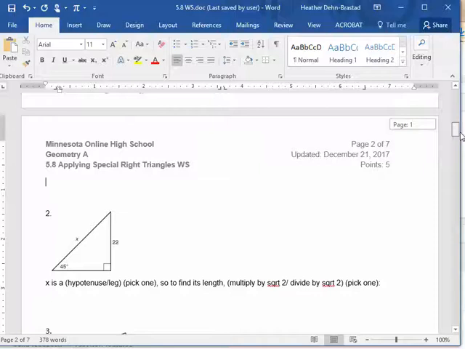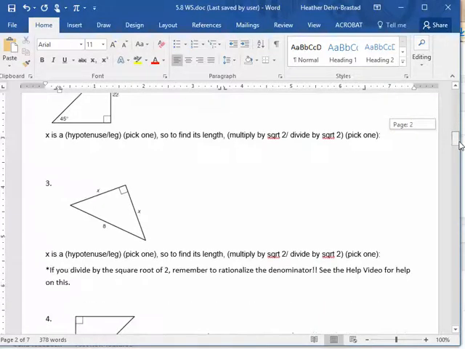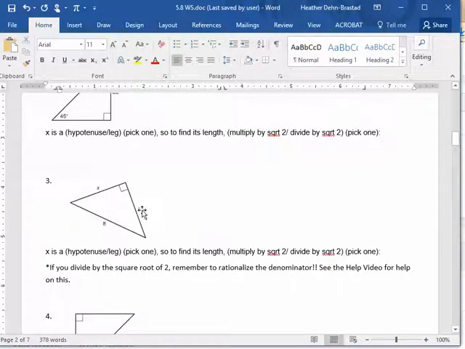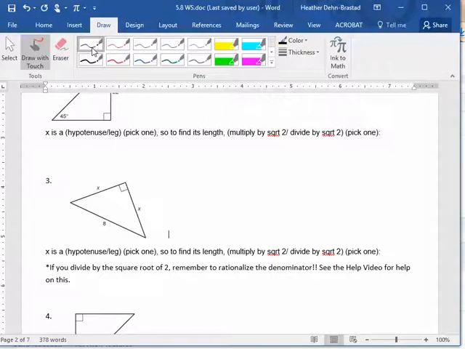Now I want to look at one where you are given the hypotenuse and have to find the leg, like number 3. So in number 3, we know it's a 45-45 triangle because x and x are the legs, and they're equal to each other because x equals x. So to find the leg, you're going to work backwards.